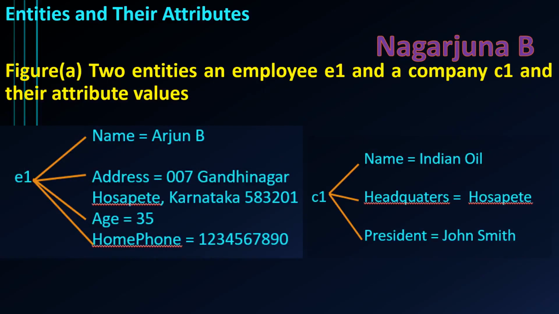In figure A, two entities, an employee E1 and a company C1, are shown with their attributes.